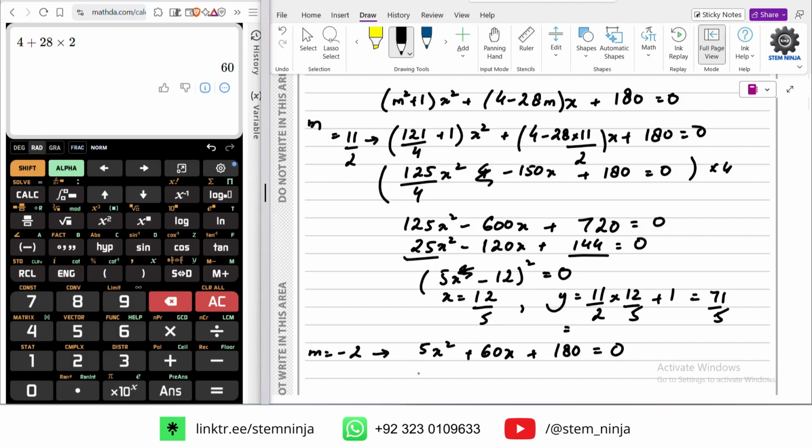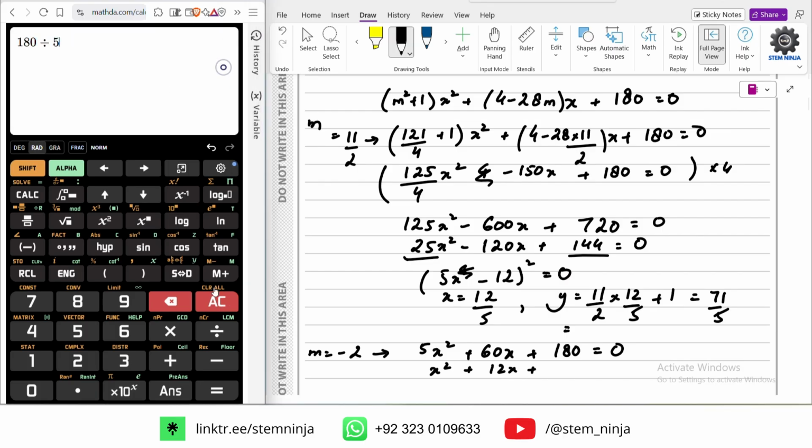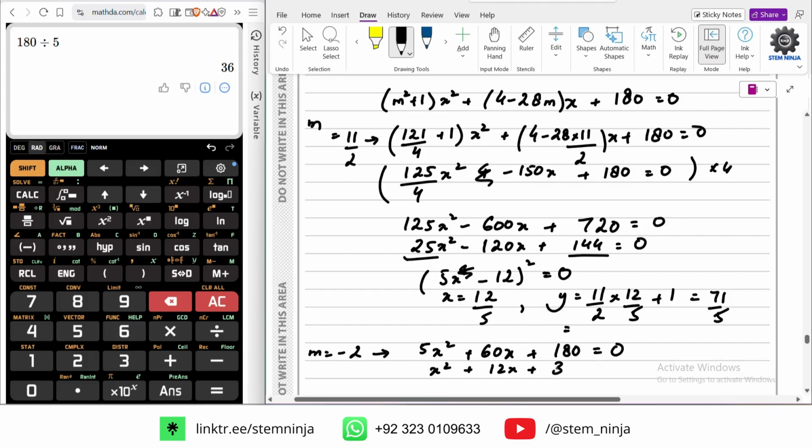Divide all of these by 5. So 60 divided by 5 is 12. 180 divided by 5 is 36 equal to 0.